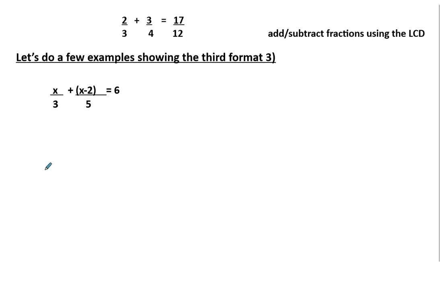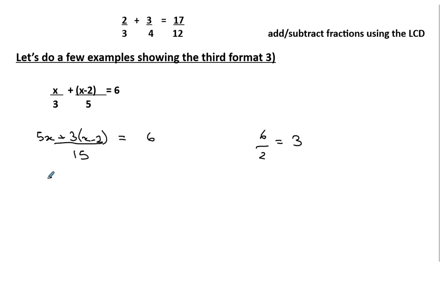Okay, this one. Here you can see the common denominator is 3 times 5, which is 15. And you've got equals 6. Okay, what have you multiplied 3 by to get 15? 5. So 5 times the x. And then what have you multiplied 5 by to get 15? 3. So 3 times (x minus 2) equals 6. And again, you can see it looks like 6 divided by 2 equals 3.